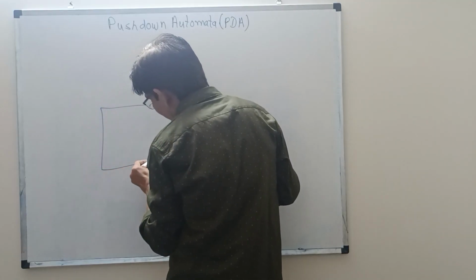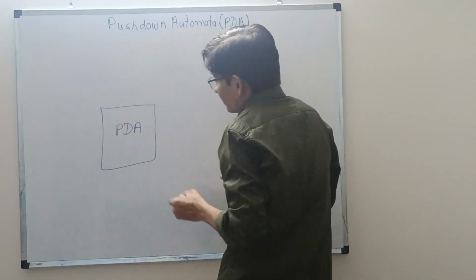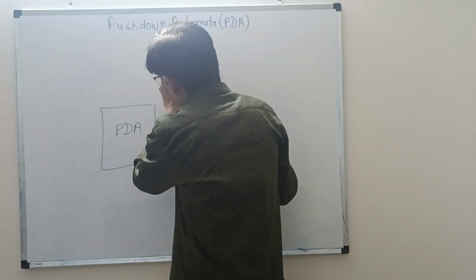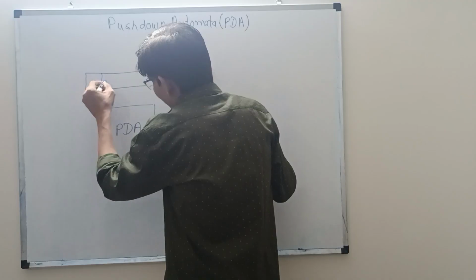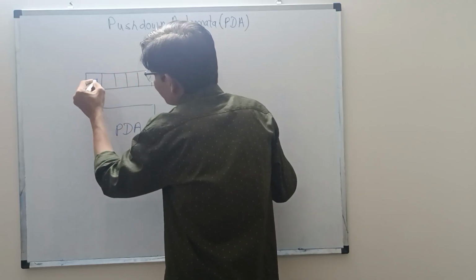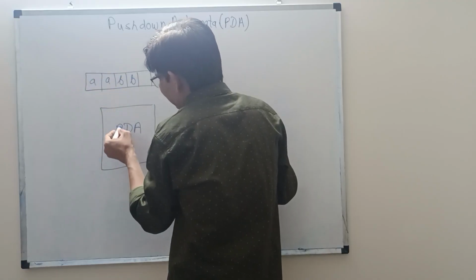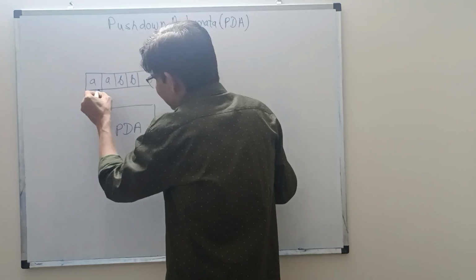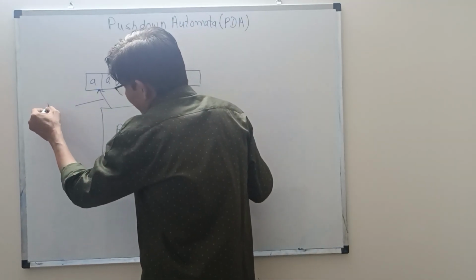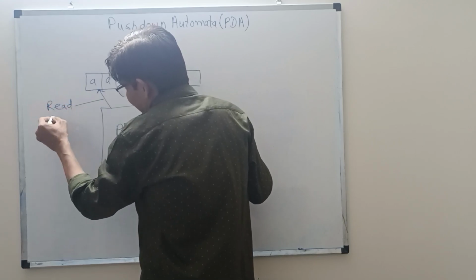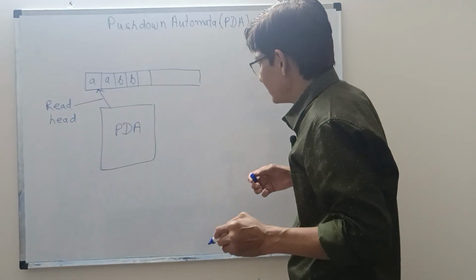Suppose this is one PDA. This PDA reads one input symbol at a time from this storage, or you can also call it a tape. This head is called the read head of the PDA.